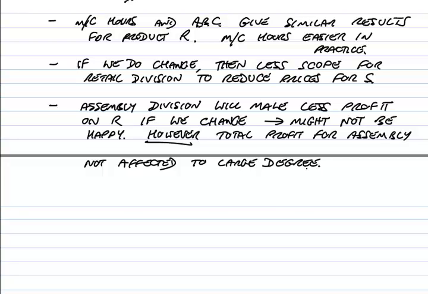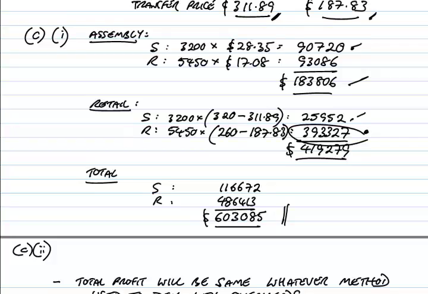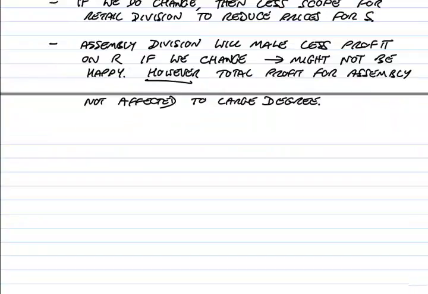So let me just double check I haven't written anything stupid. Assembly currently 183,000, machine hours 183,000, ABC 183,000. So it doesn't make that much difference overall to assembly, and so I will write an overall conclusion.